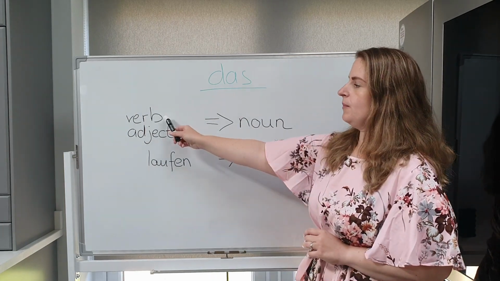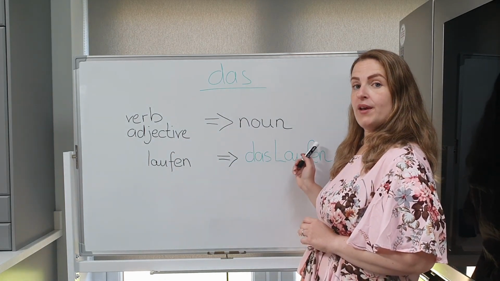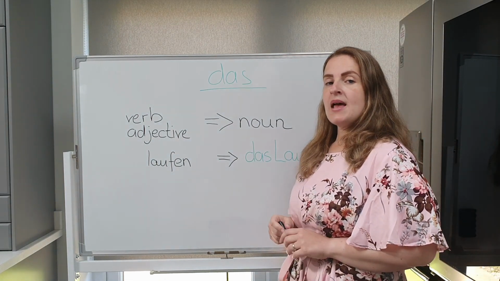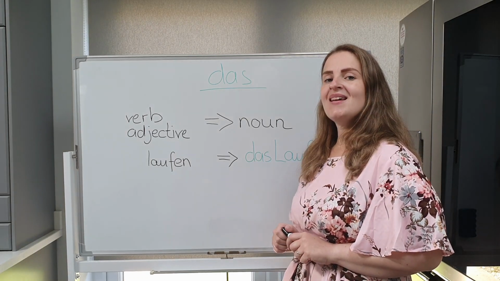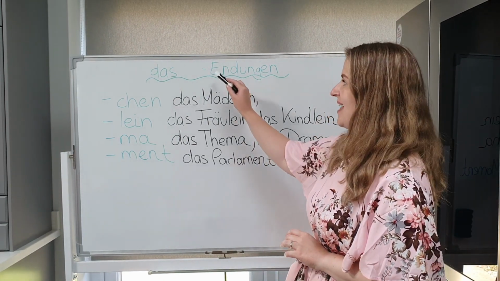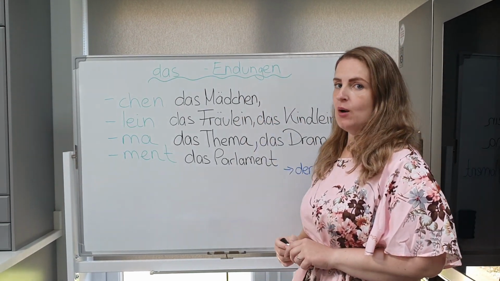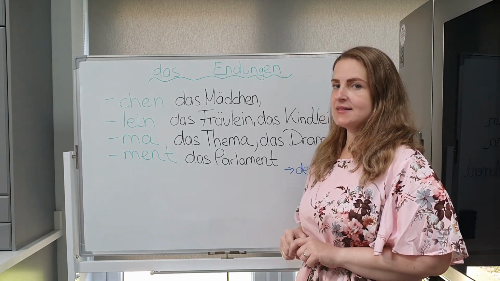We turn a verb into a noun. Das Laufen. Now, let's have a look at some endings that indicate using the article das. So guys, these endings of the nouns will indicate that you need to use the article das.